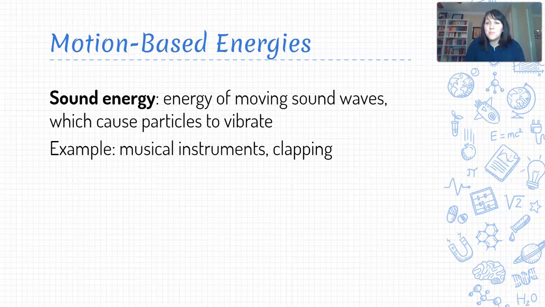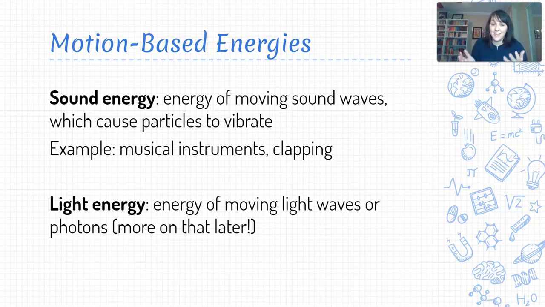All right. Last motion-based energy for us to talk about for right now is light energy. We're going to spend a lot more time talking about light and what it is and what's moving, really, when we're talking about light propagating. But ultimately, much like sound energy, light energy derives from the movement of waves, and in this case, electromagnetic waves, or we can think of them as photons.